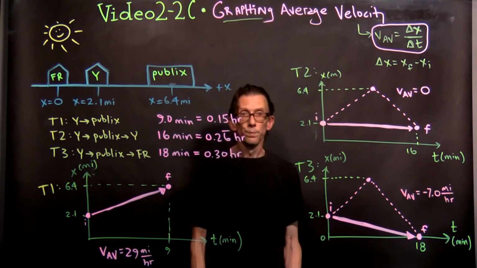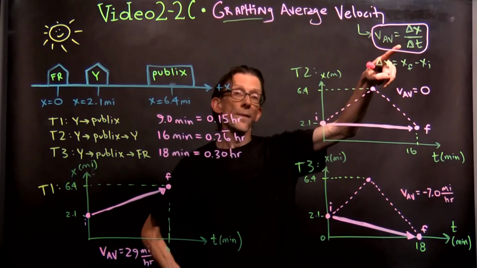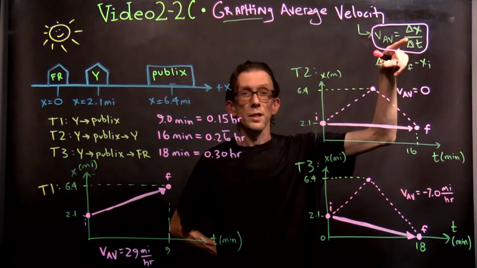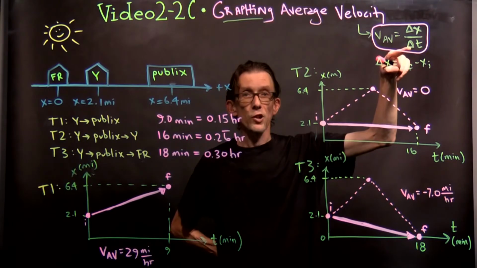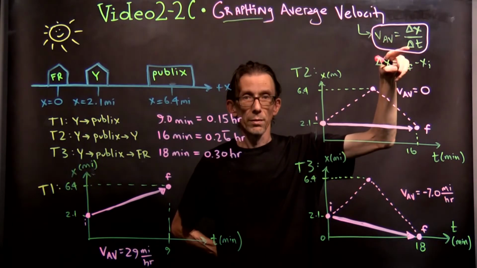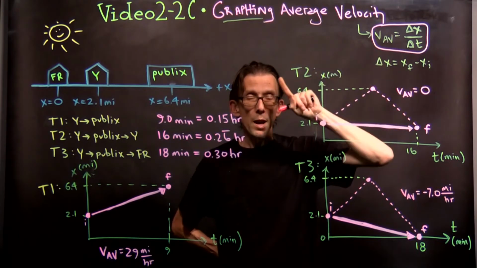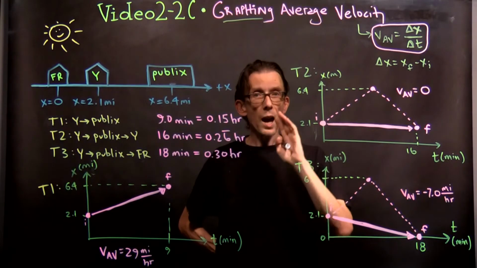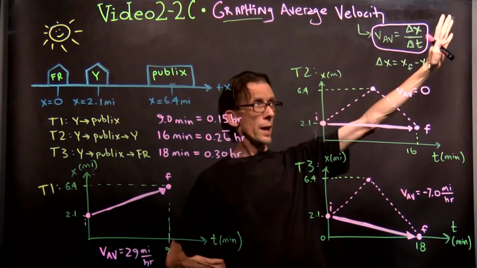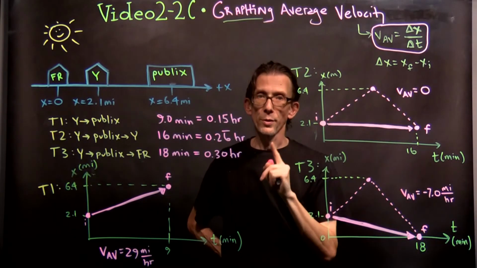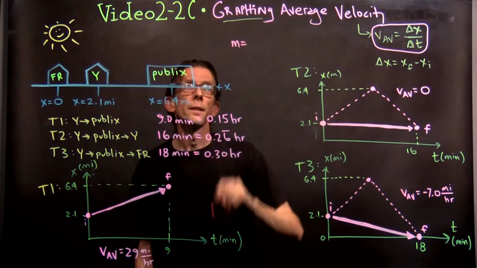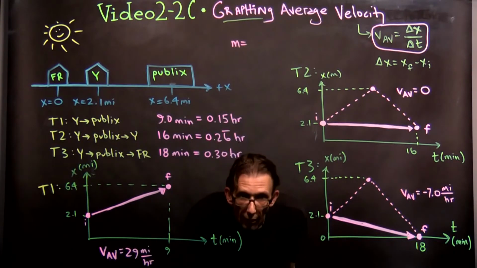Turns out, returning to this definition here, notice that the average velocity is delta x divided by delta t, change in x over change in t. And remember from your days in high school math that the slope of a line is equal to what?